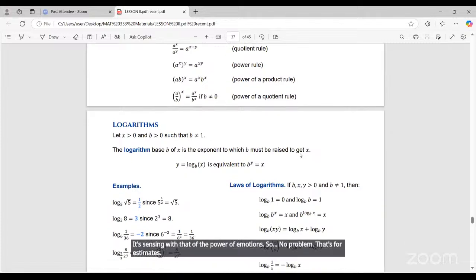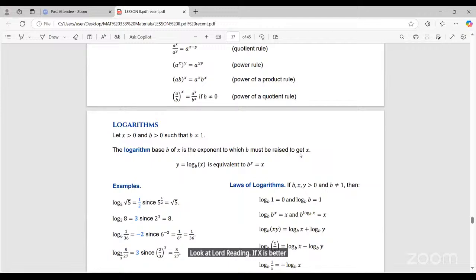Look at logarithm. If x is greater than 0 and b is greater than 0, and b is not equal to 1, the logarithm in base b of x is the exponent to which b must be raised to get x. y equal to log in base b of x is equivalent to b to the power y equal to x.